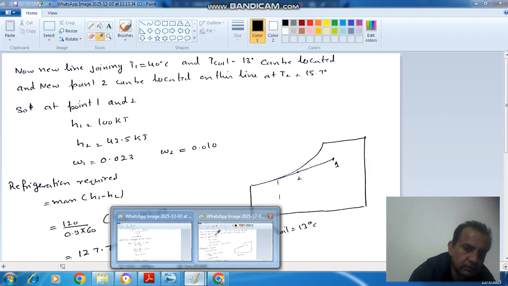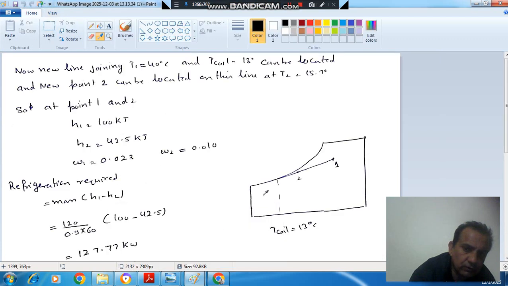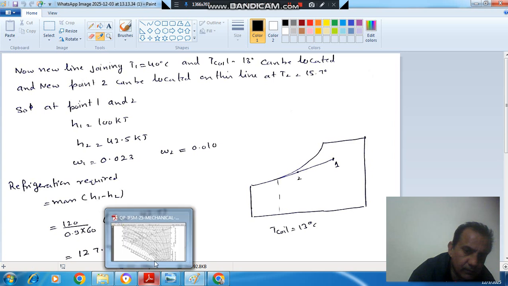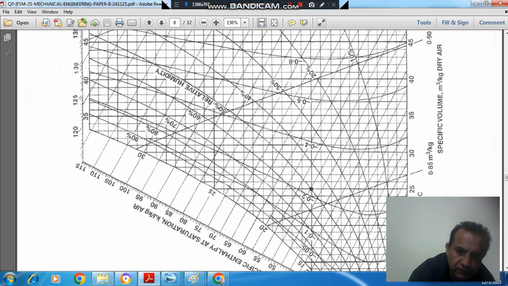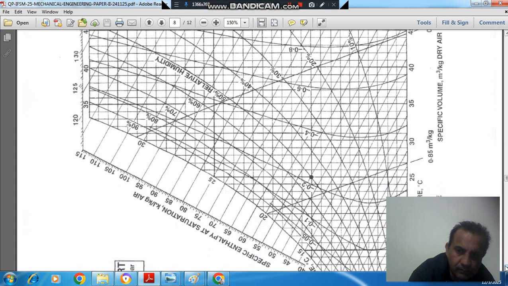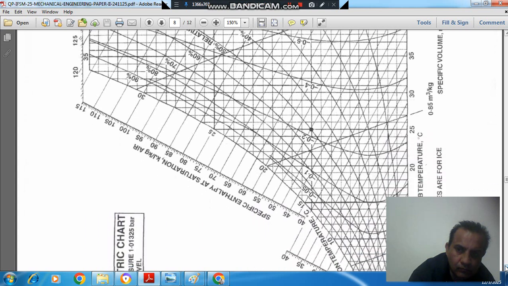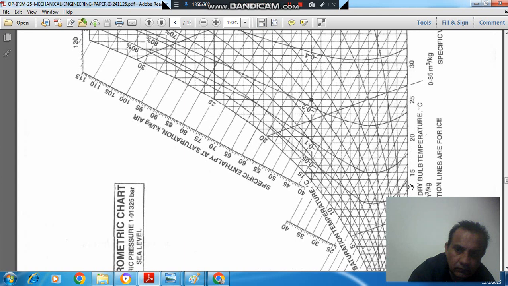Now there is a different coil temperature, so T coil will be different. This point will be different. So this point is different. So this line will be different. So 13 degrees Celsius on psychrometric chart is approximately this one. Okay.